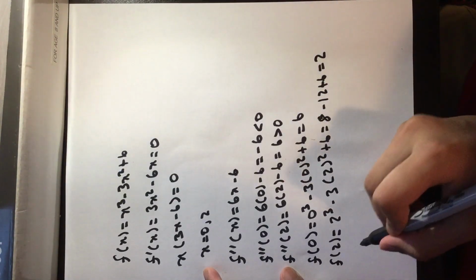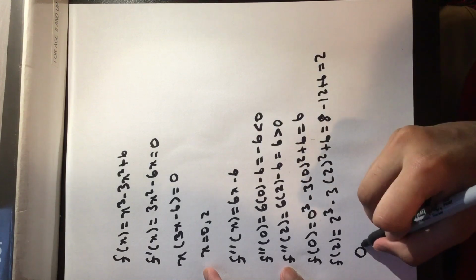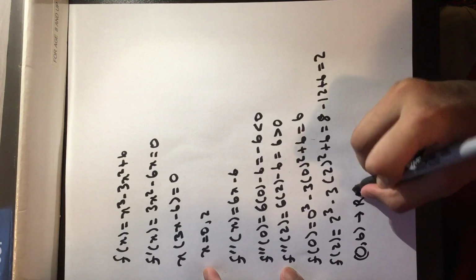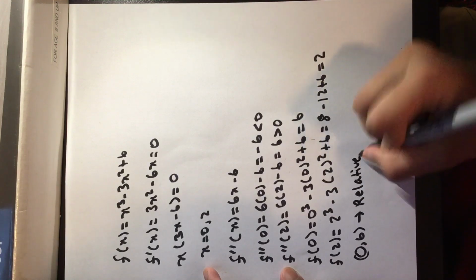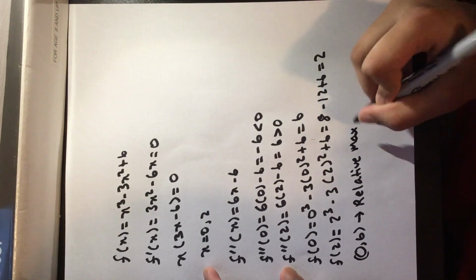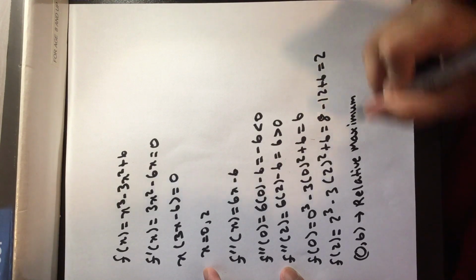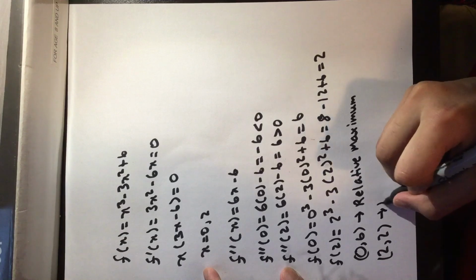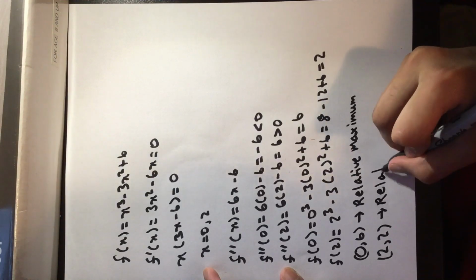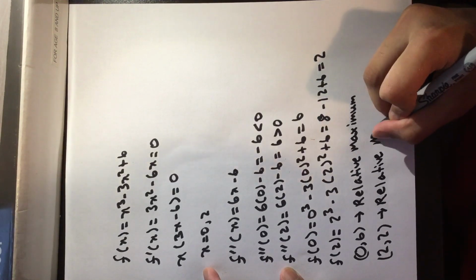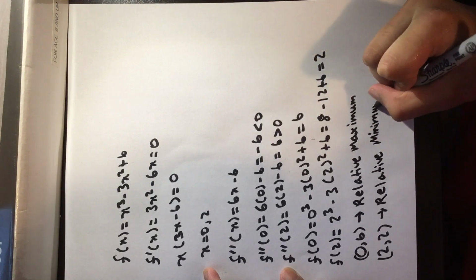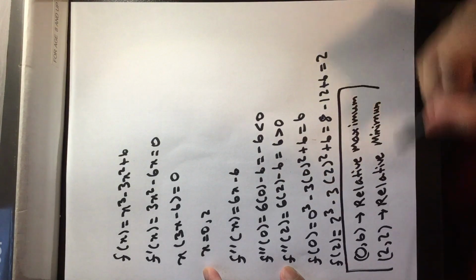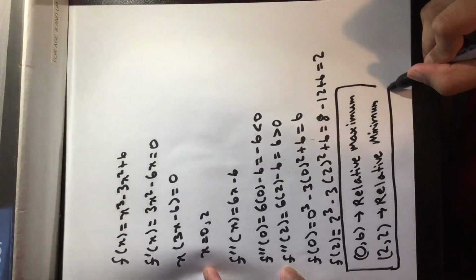So now we have found the coordinates. At (0, 6), there is a relative maximum. And at (2, 2), there is a relative minimum. So that is how you find the relative extrema of a function.